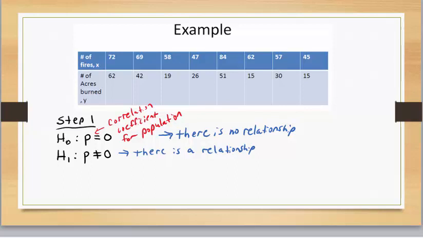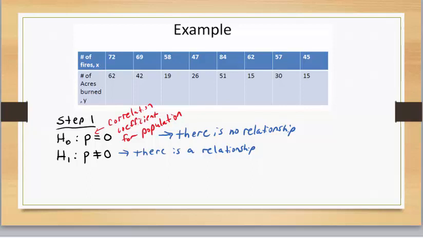And that's really the only two possibilities that we have. So this is basically saying either the 0.77 is equal to 0, in which case there's no relationship, or it's not equal to 0, in which case it's close enough to +1 to conclude that there is a relationship. But as I said, step 1 is always going to be the same regardless of what problem you're working.